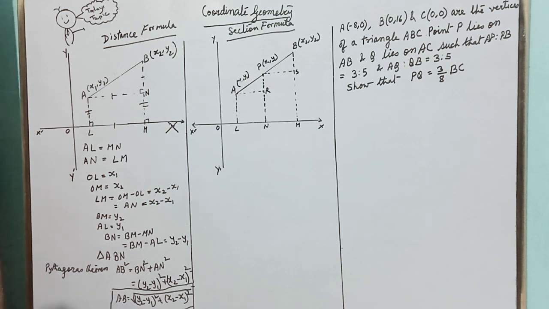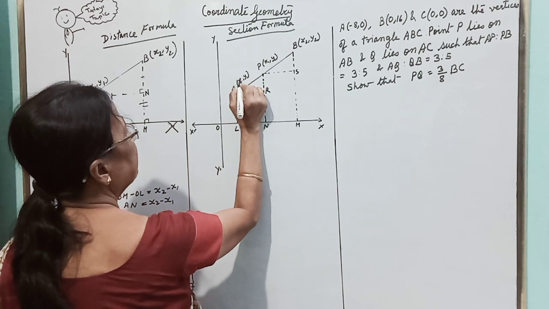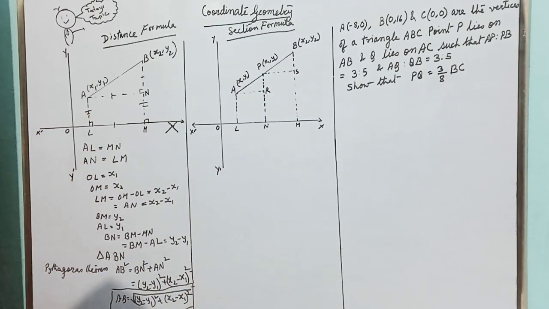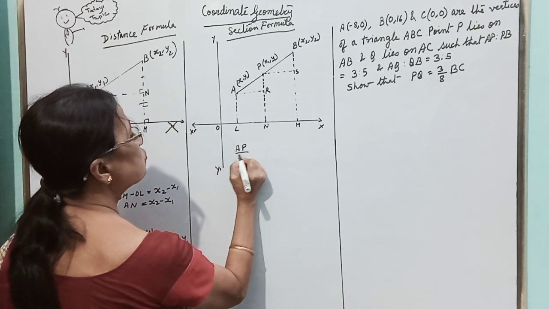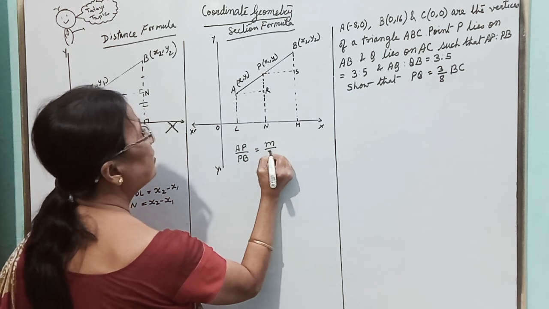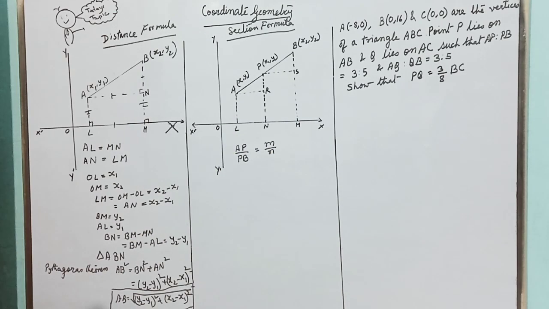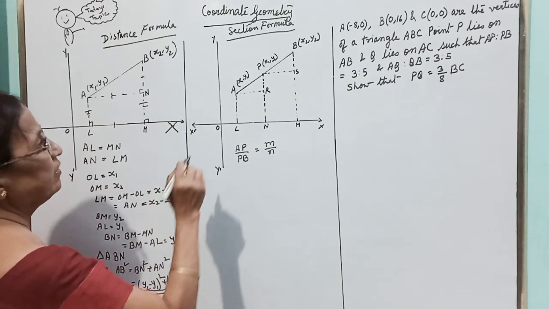Now, there is another thing. If a line is divided in the ratio m is to n, AP by PB is equal to m by n, what is the coordinate of P(x, y)? AB is a straight line.